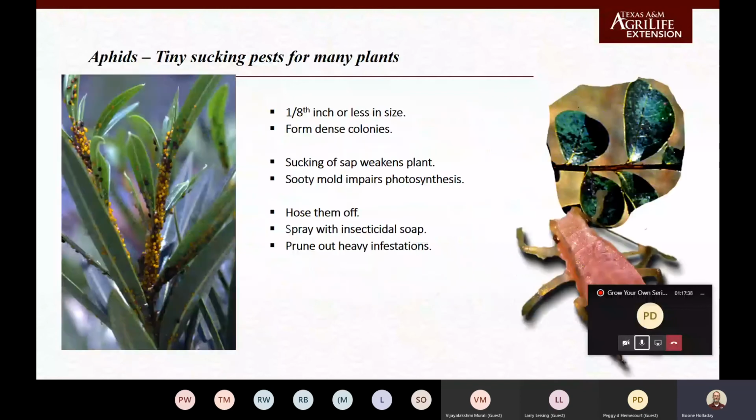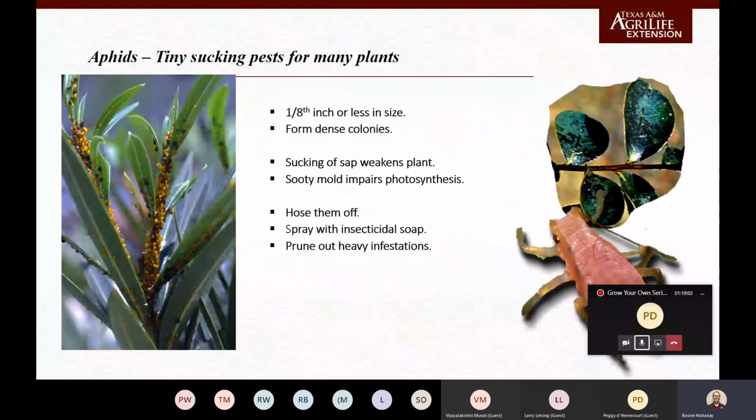causing them to decline. Aphids, one that we always see in the garden. So many different species of aphids. These ones here, yellow and orange. They'll be green, red, whitish, different sizes. But again, they form dense colonies very quickly because of their ability to reproduce fast.